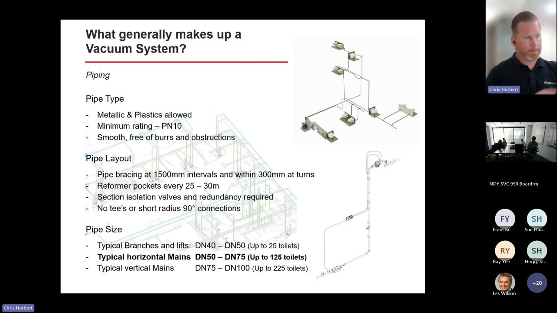So the standard does dictate a few conditions around reform pockets, but more or less, a reform pocket is about a 300 mil rise. And you can see it in the drawing on the right. We'll go into some more detail specifically a bit later in the presentation. But with a 3-meter lift from a toilet to a ceiling space, using reform pockets in accordance with the standard, we can do a 300-meter horizontal run without any loss in grade.